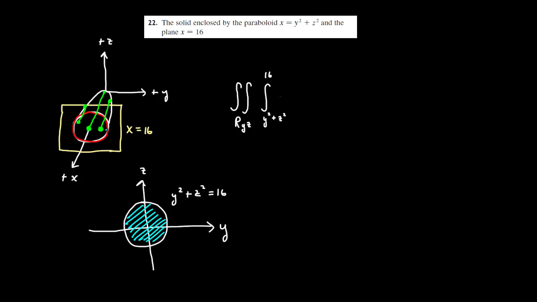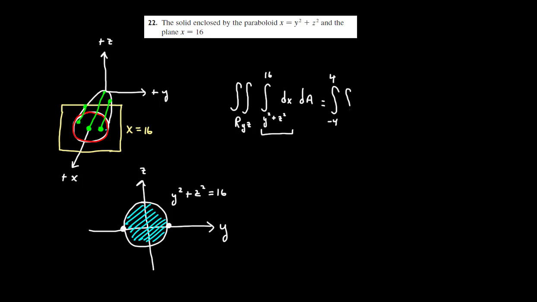We are trying to find the volume of this, so the function itself is 1, and then the order of integration is dx for this inner, and we'll have to choose dy dz or dz dy. Okay, so if I decide to fix the y, then we're going to go from y equals negative 4, that's out here, to y equals positive 4.